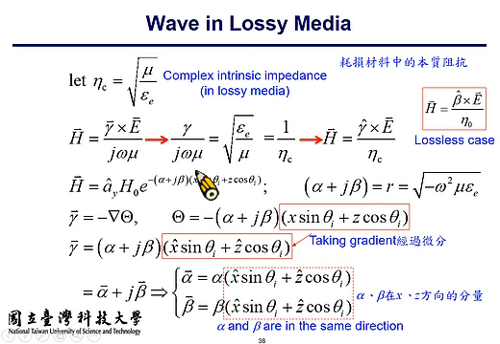So the phase function is everything here in the exponential. If you take the gradient of this, you end up with sine theta I in the x direction and cosine theta I in the z direction. And here is your propagation constant, gamma.